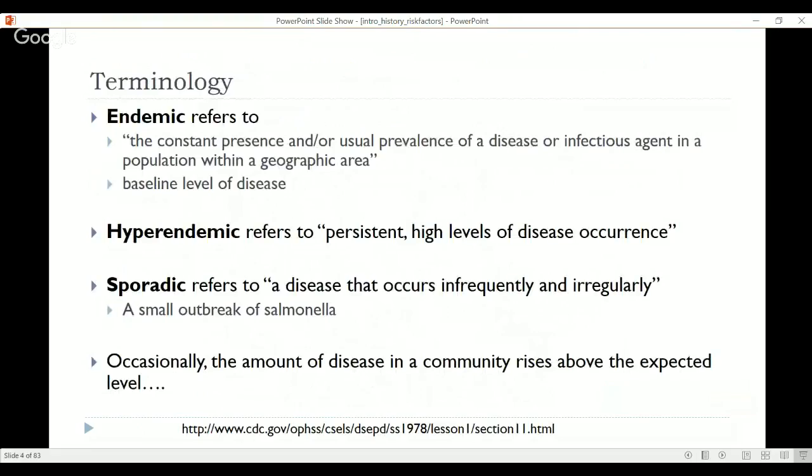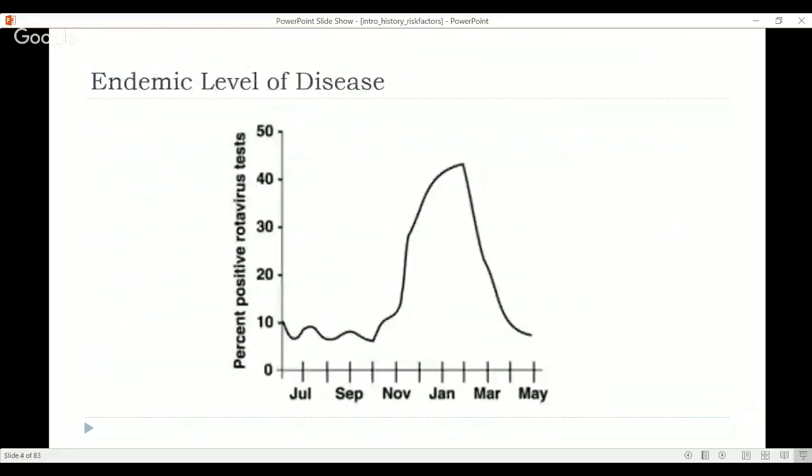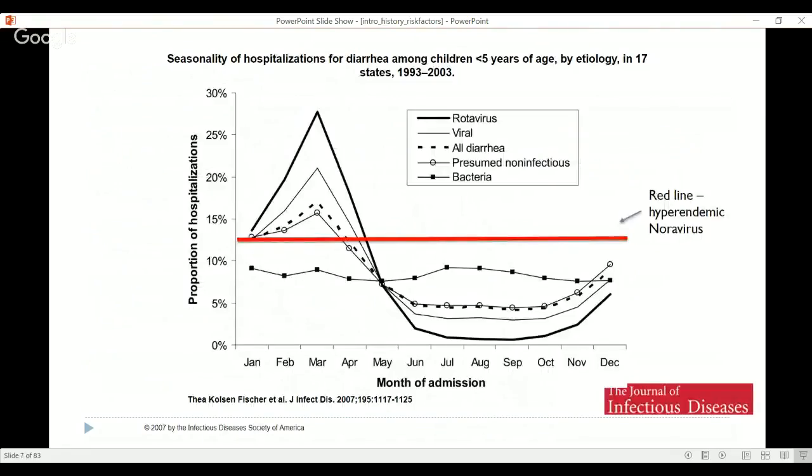When we talk about something that's hyperendemic, it's referring to persistent high levels of disease occurrence. Looking at the next graph, the black line with black squares is all bacterial diseases. The black line without any squares is all viral diseases.